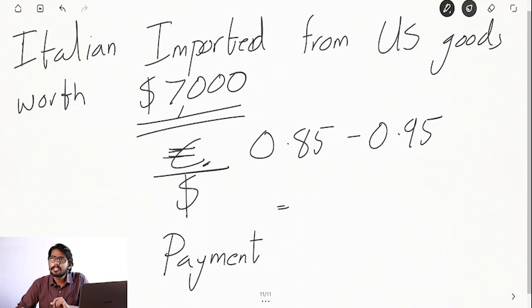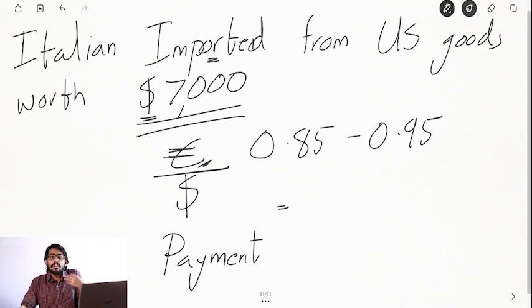Lira is Lebanon or some other country. Italy is euro. So you are in Italy, you have euro with you, you need the euro, you are an importer. So you need to convert, you have to pay in dollars, you have to pay $7,000.